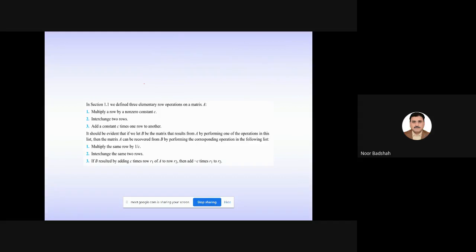Okay, so we already defined elementary row operations. If you remember, multiplying any row by a non-zero constant, the same thing you can divide it by a non-zero constant. You can interchange any two rows, right? And the third one is adding a constant multiple of one row to another.